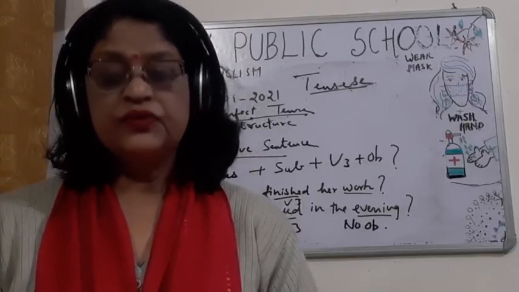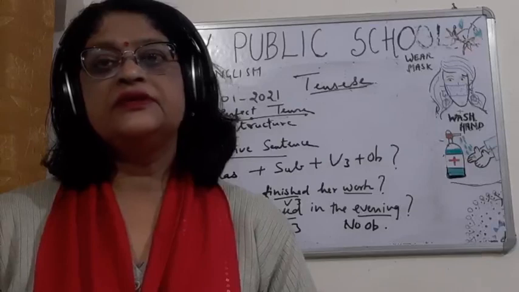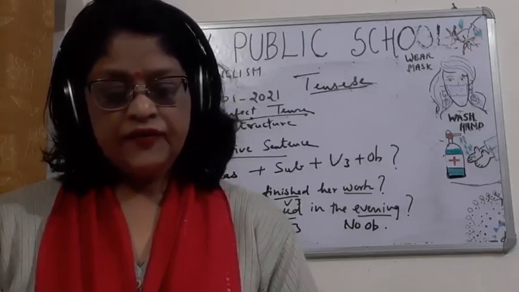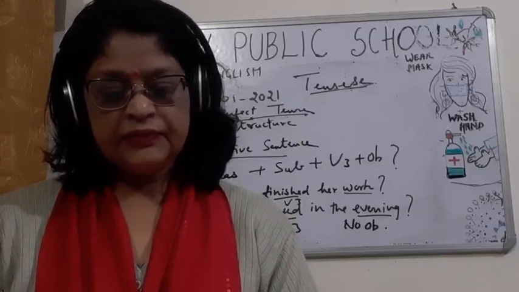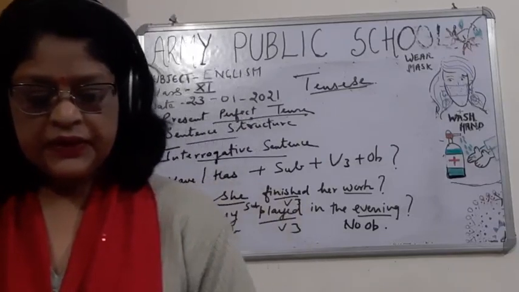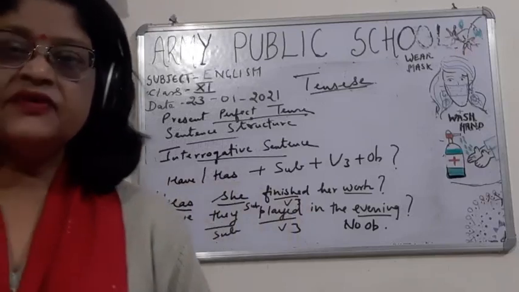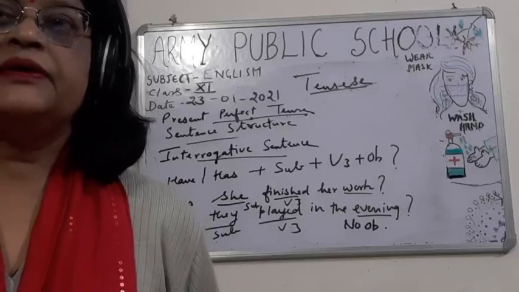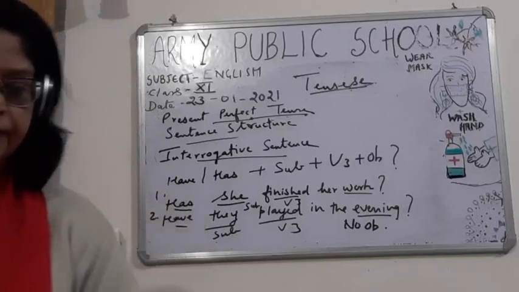Children, has is used with third person only. This you have to remember. Have is used with first person, second person and third person plural number.